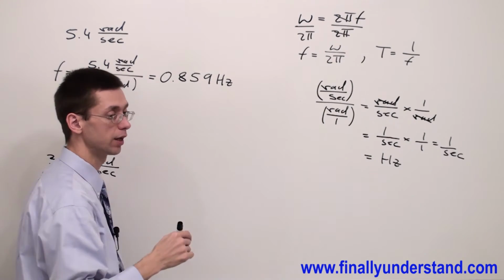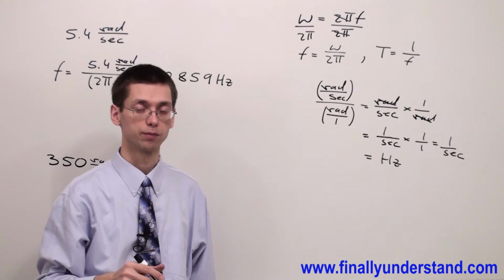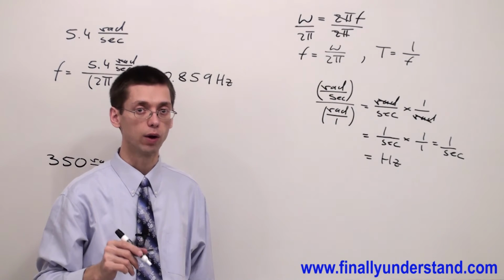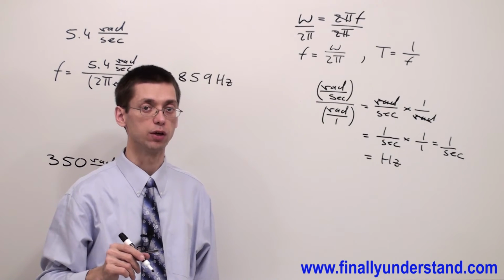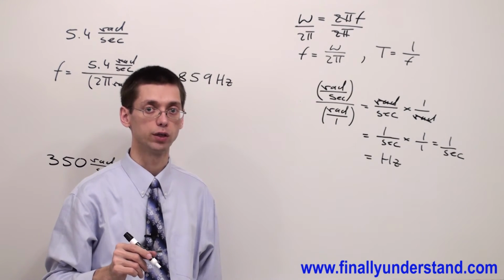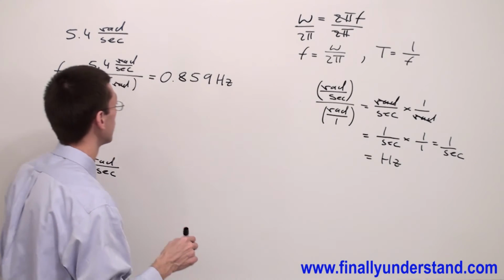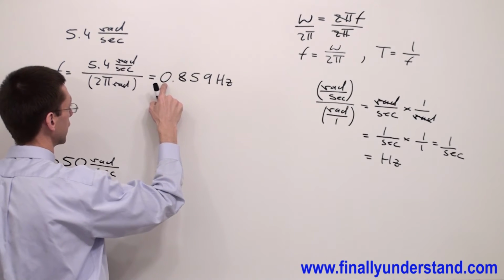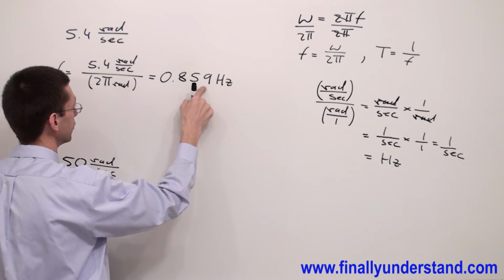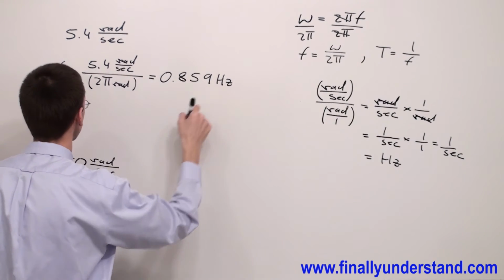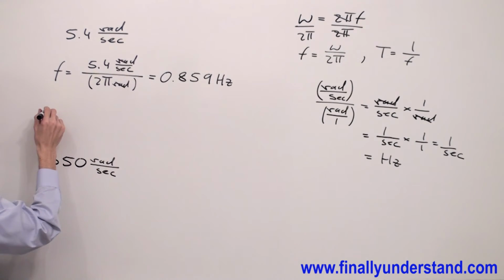Remember, anytime we have a frequency lower than 1 kilohertz, below that frequency, we don't use any prefixes anymore. That's why I wrote this answer as 0.859 hertz. Next, we're supposed to find the period.